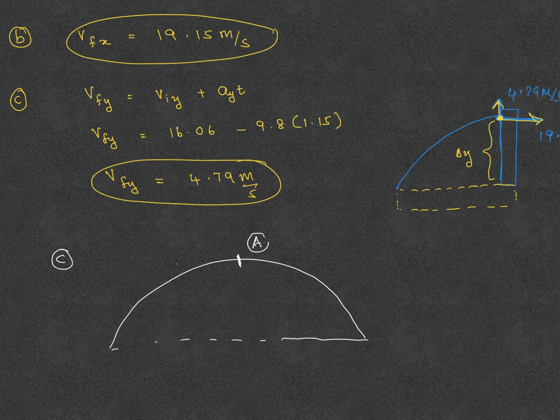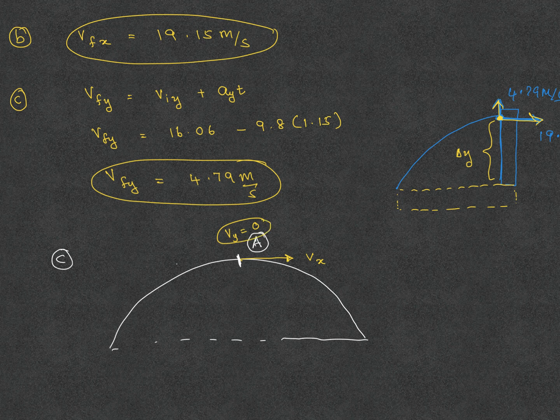Now if I ask you to draw the velocity components at the highest point, since we are almost done with the chapter, you should be drawing only the x component of the velocity. What happened to the y component velocity? Well, the y component velocity at the maximum is 0.